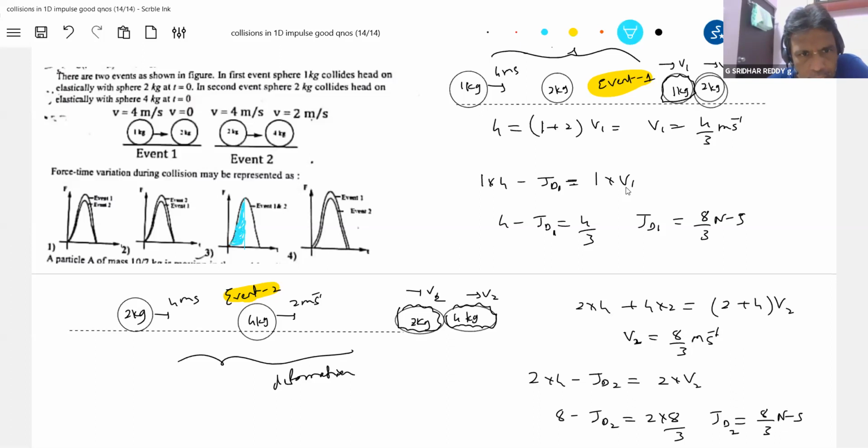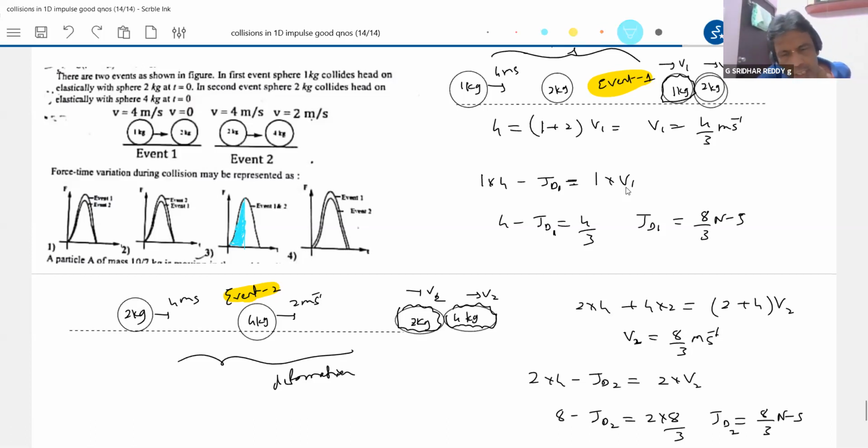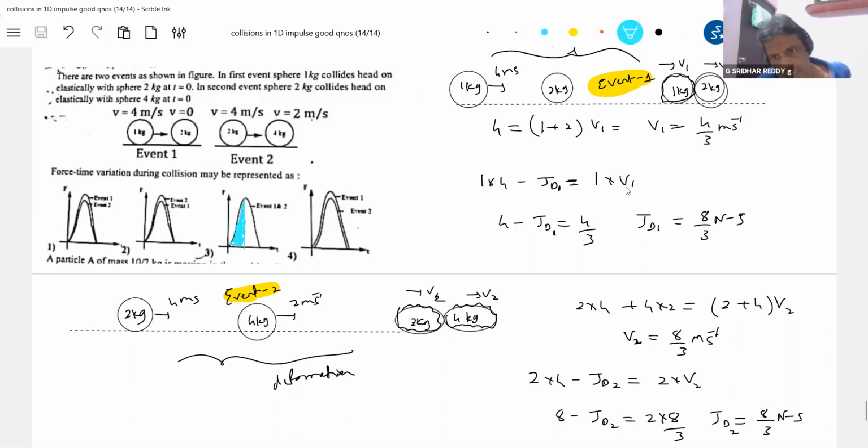For elastic collision, what should be the JD and JR? Should be equal. So look at the area. A symmetric graph is given also. Then both the events will have the same area under the F-t graph, because the impulse of deformation is equal to the impulse of reformation. If you calculate, you'll get the same thing. JR1 equal to JR2 will come. Therefore, this is the answer I can pick up.